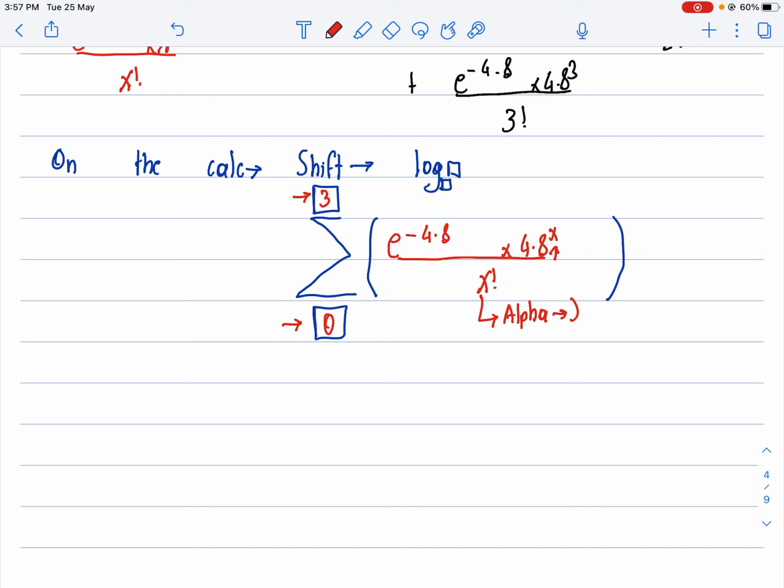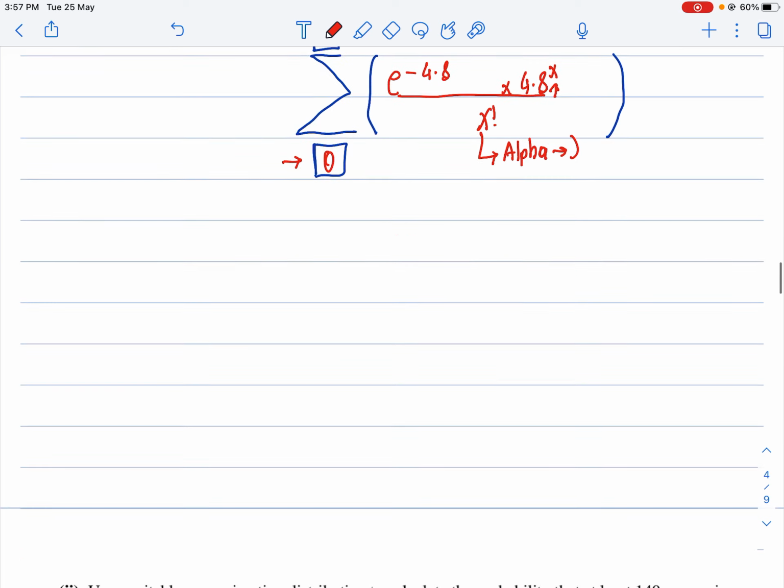Simply do that on a calculator. I'm doing it too. When you solve this and click on equal to, you get your answer as 0.294, which is the final answer of the question.